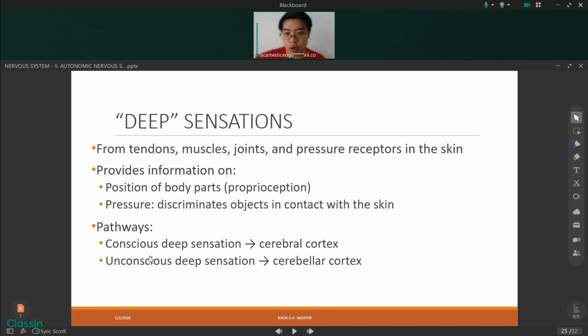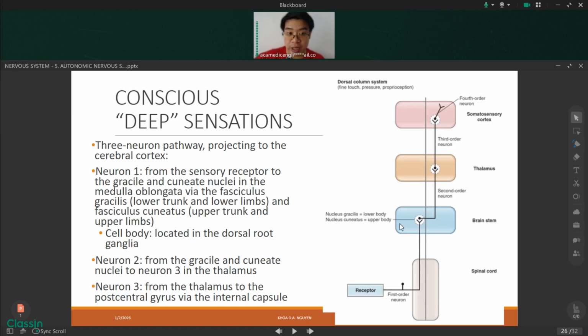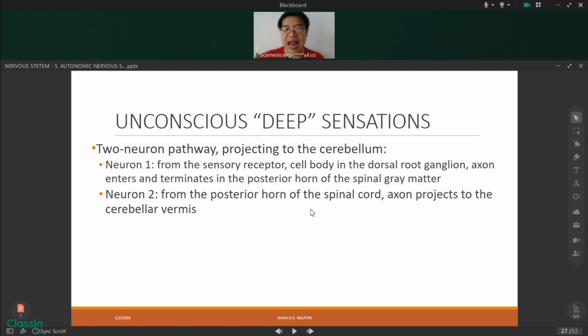Now, conscious deep sensation goes to the cerebral cortex, especially to the primary somatosensory cortex here, and we have already talked about that. Now, unconscious deep sensations, you don't have to know the exact pathway right now. Just know that there are only two neurons.